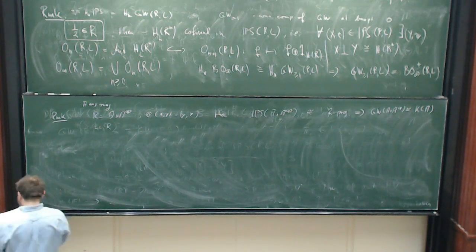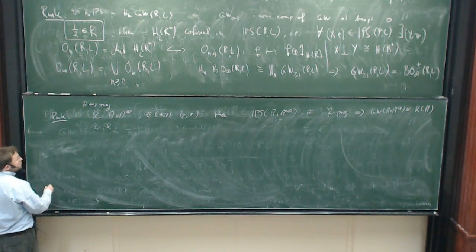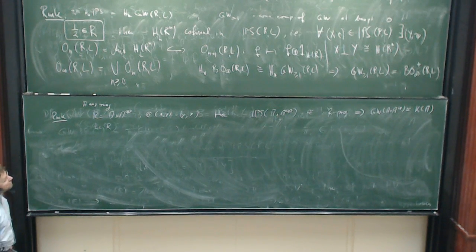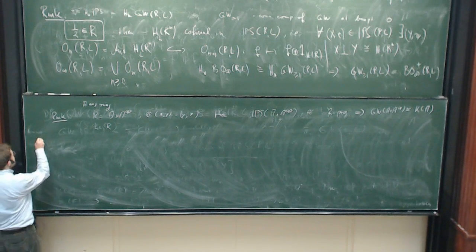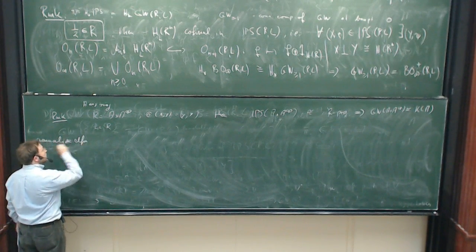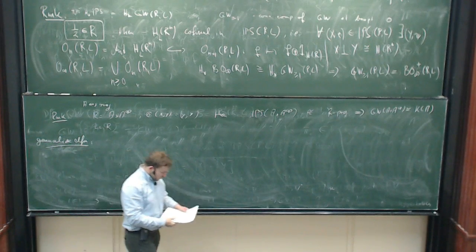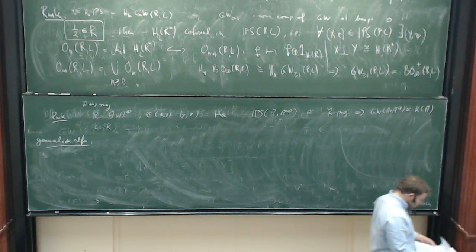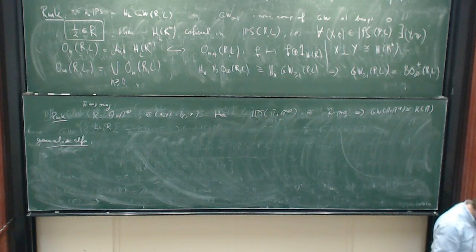Now to prove anything more deep, we need to generalize the definition. You can follow Quillen's program and define it for exact categories, and that has been done some time ago.